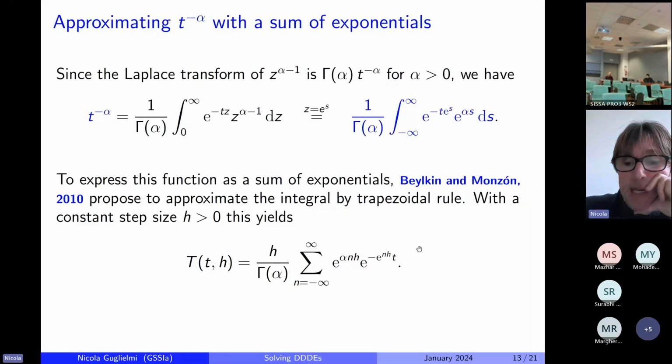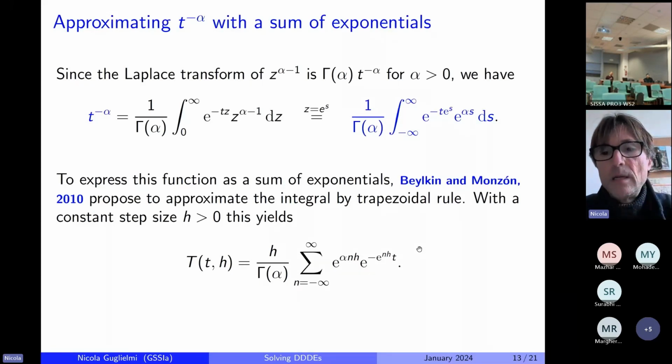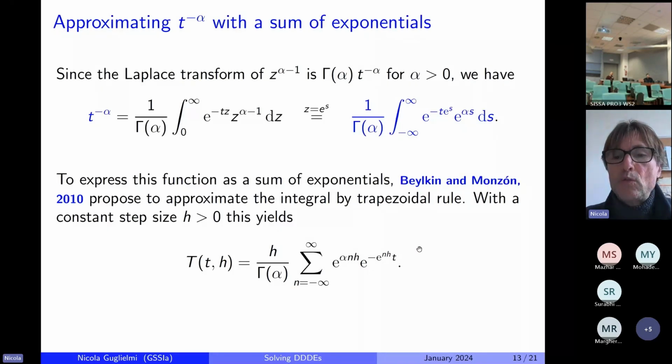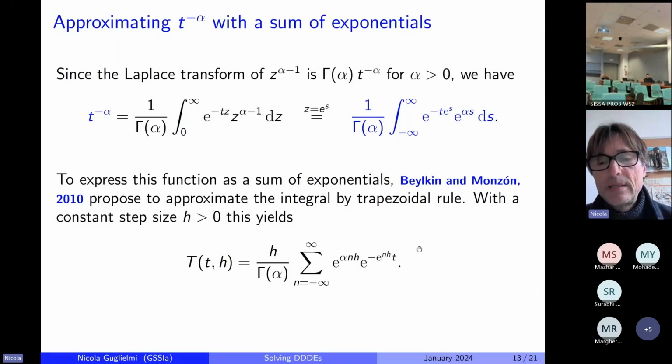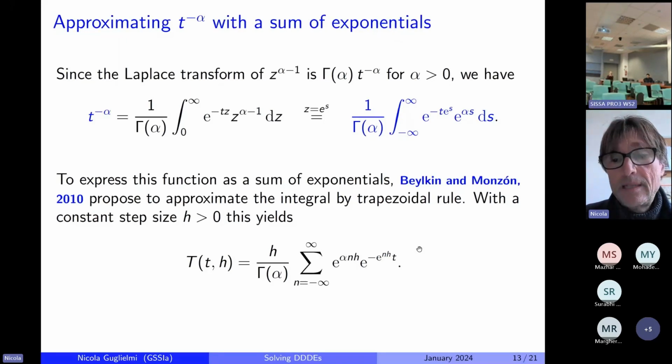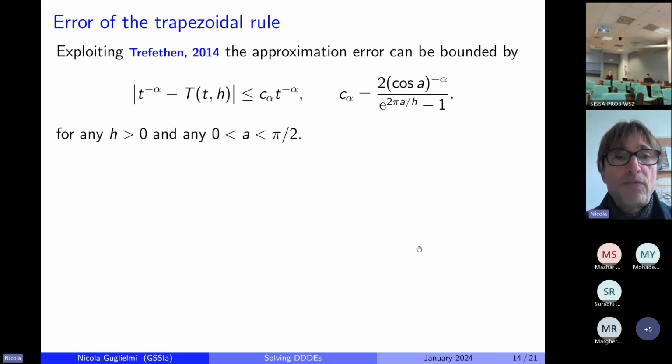So clearly, this is a series. We have to truncate it, and we have to choose h in an optimal way to approximate the integral, in order to control the approximation error. And then we have to study how this approximation error has impact in the integro-differential equation. This is a result that you find in a very nice review paper by Trefethen in Acta Numerica in 2014, but it comes back from the theory of Rabinowitz.